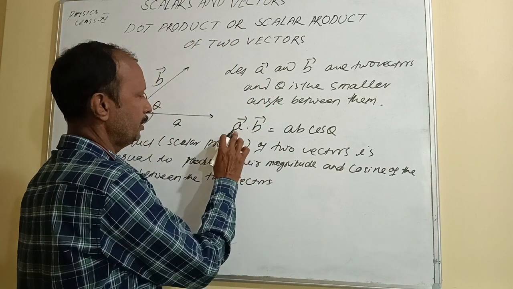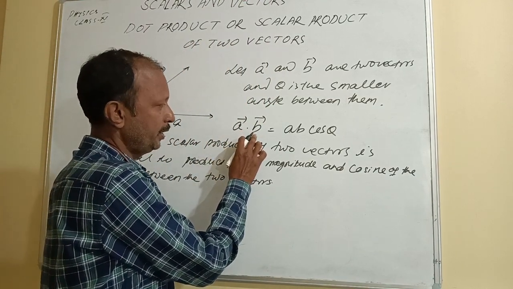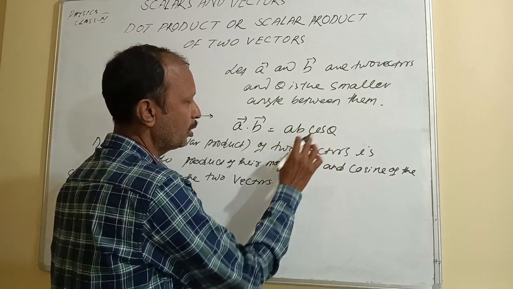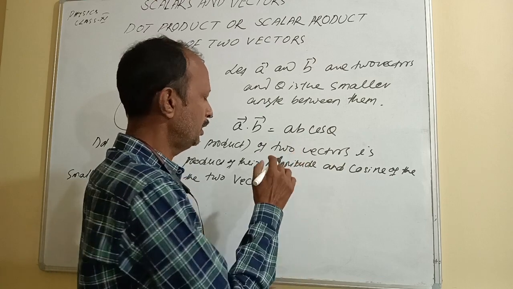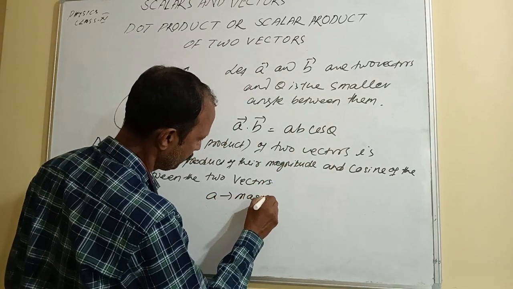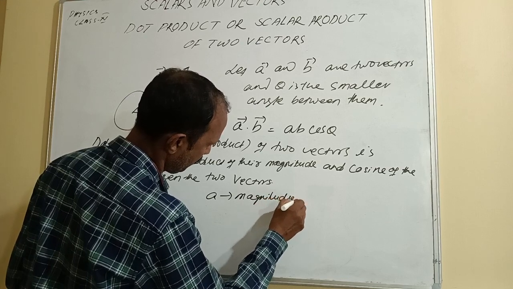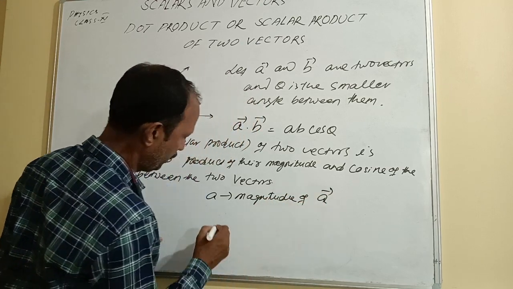I have written here vector A dot vector B is equal to AB cos theta. Here A stands for the magnitude of vector A. Okay.